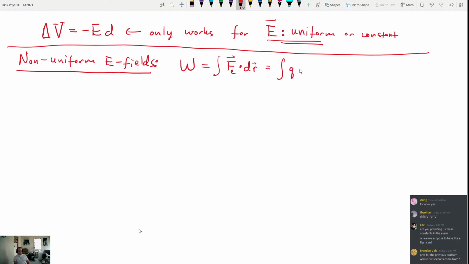We put in here Q times E for the electric force. And then we say, we know that delta U is equal to the negative of the work, which means that the change in potential energy now has to be equal to the negative of this integral.